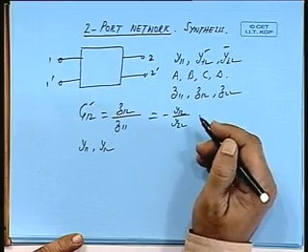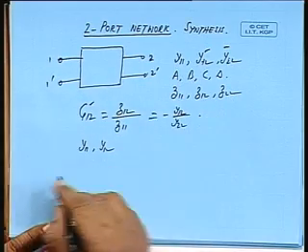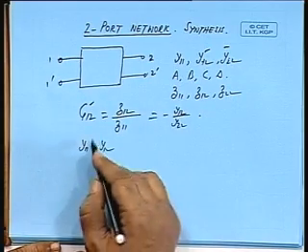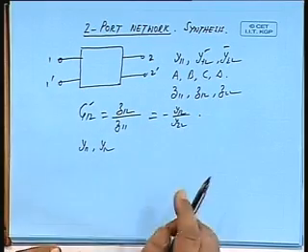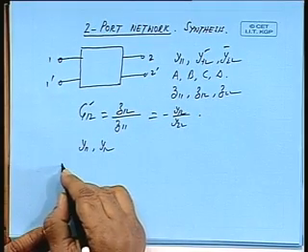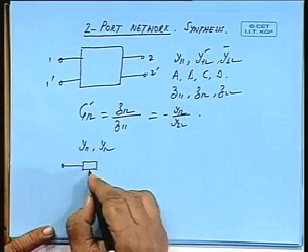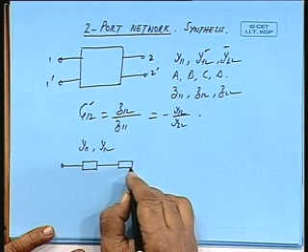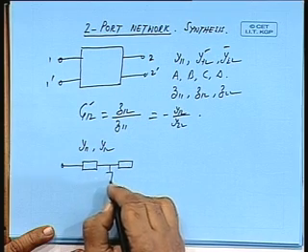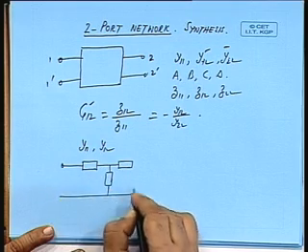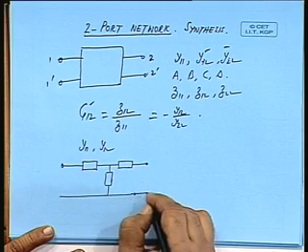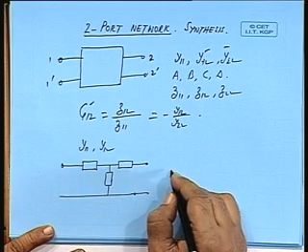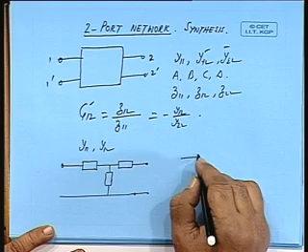Before we go into that, we will just see the network functions, how they are related to these two port parameters, network elements. Let us take a T network, or a pi network.